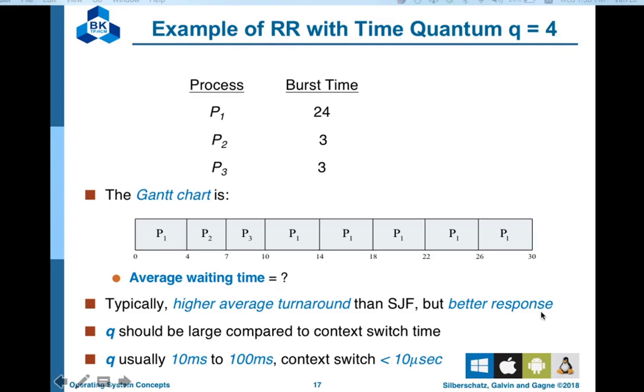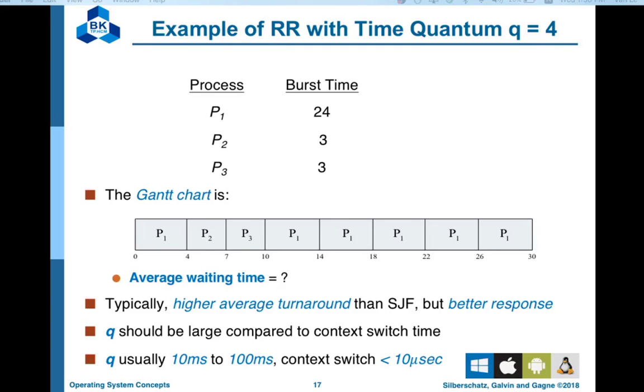As I said earlier, the interactive system considers response time the most important element of the scheduling criteria. So round robin is commonly used in the operating system of interactive systems.